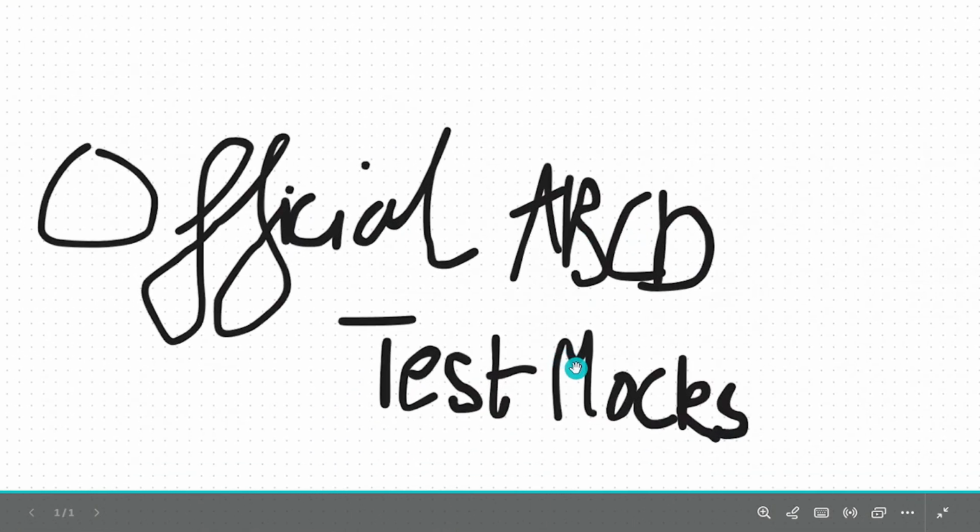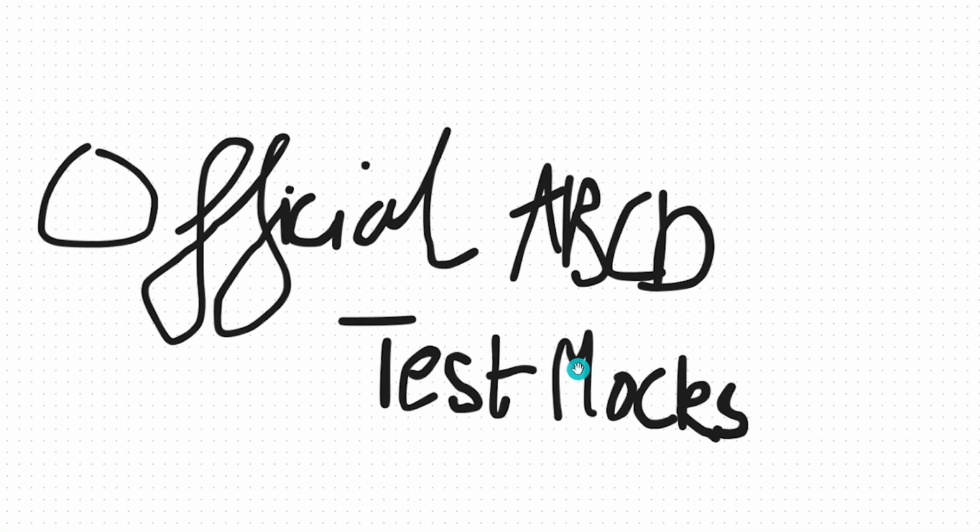On the official UCAT website, you'll be able to find 4 practice tests, 2 of which are, I believe, at a much higher level, and then the C and D tests, I'm not sure if they changed this year, I'm going to double check, are going to be almost exactly or similar to the actual test.